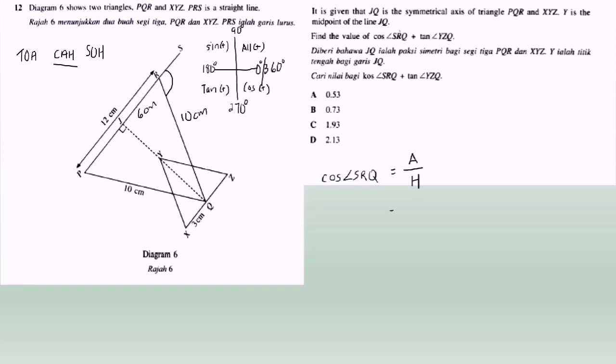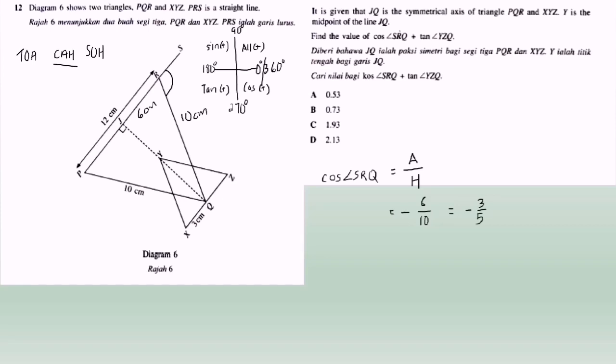So to answer cos angle SRQ, you must put negative at the front, and adjacent side the length is 6 over the hypotenuse is 10. If we simplify it, it equals negative 3 over 5.